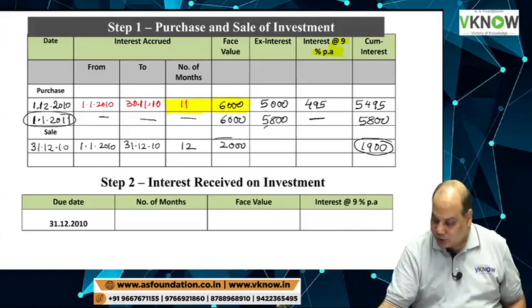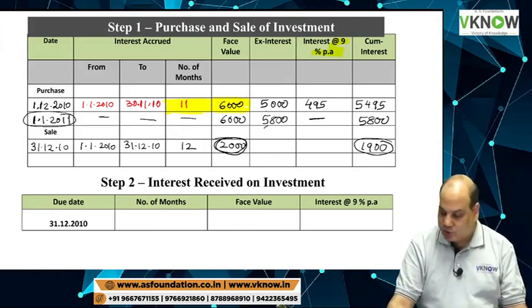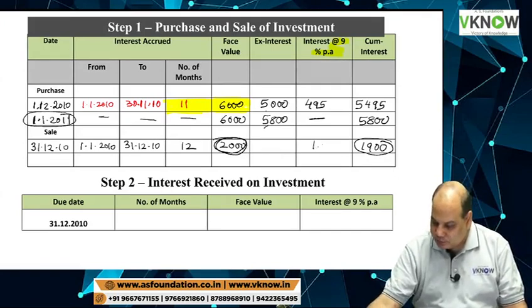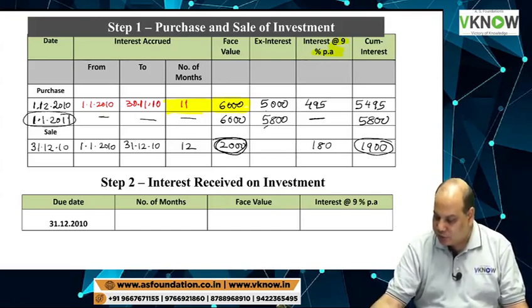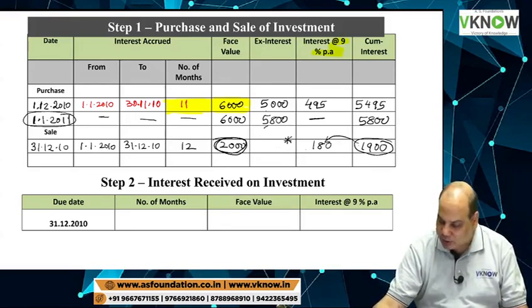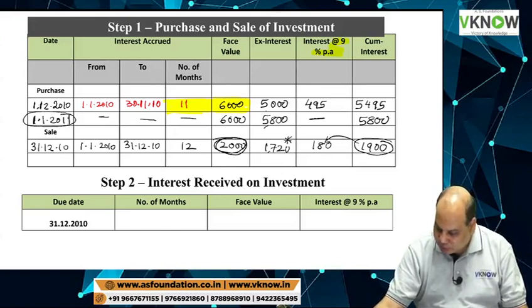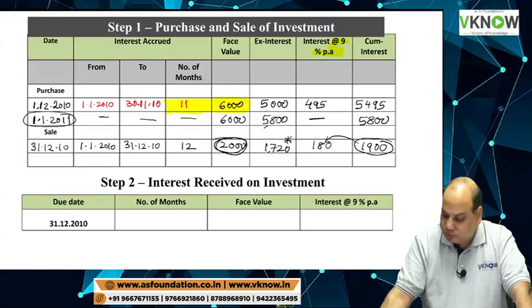So calculate the interest on 2,000 rupees: 2,000 into 9% into 12 by 12 is 180. 180 is interest. Ex interest price is the balancing figure. Do the reverse working: 1,900 minus 180 is 1,720.